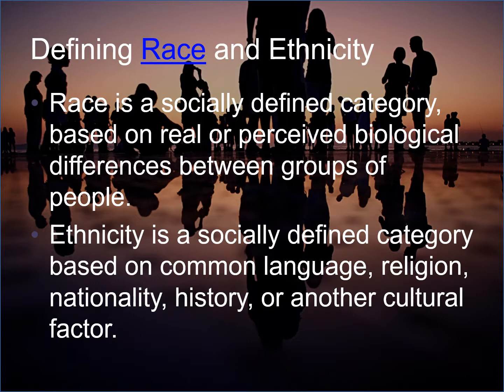Humans, regardless of their race, are 99.9% genetically identical. However, race is still used to classify people, and sometimes race is the basis for differential treatment of individuals or groups of people. Sociologists then have come to understand race as a social category based on real or perceived biological differences between groups of people.